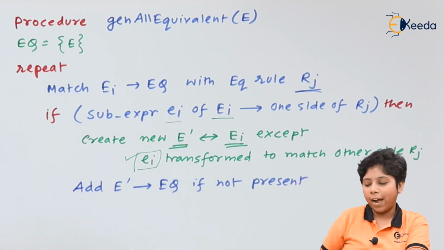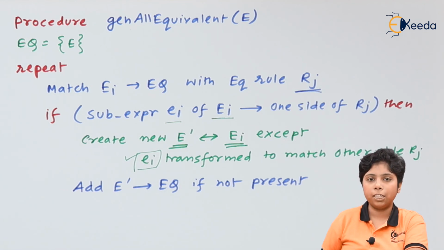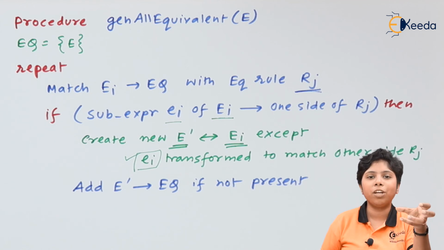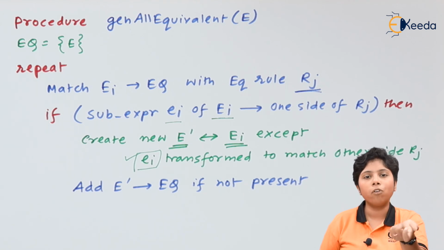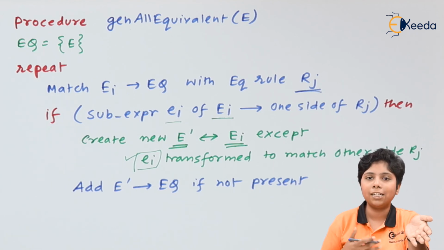Now we need to add this E dash to the EQ if it does not already belong to EQ. It is possible that the expression we find after replacing the sub-expression used for matching the other side of a rule is already present in the equivalent set. If it is present, there is no need to redundantly add it.